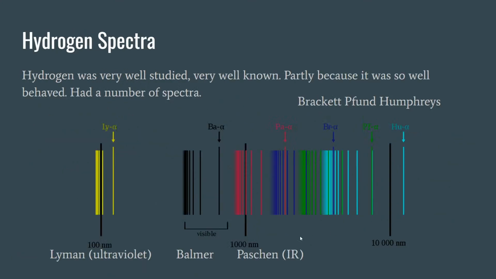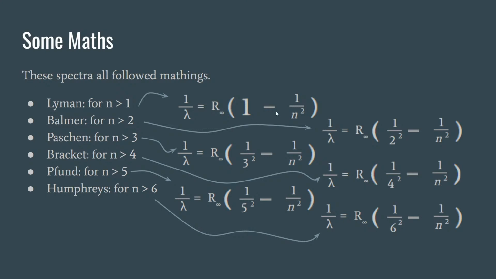So each one of them found a particular set of lines and noticed this exact same mathematical pattern. 1 over a constant squared minus 1 over n squared. So in this case, for Lyman, it's 1 over 1 squared, or just 1. Now, Rydberg comes in because he noticed a trend.